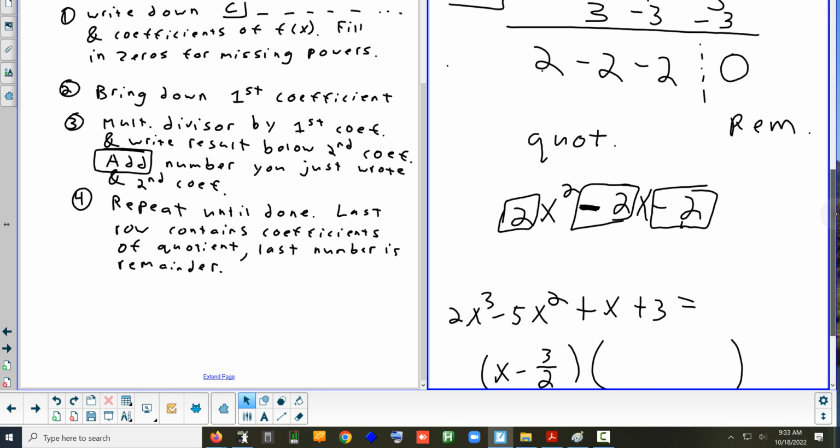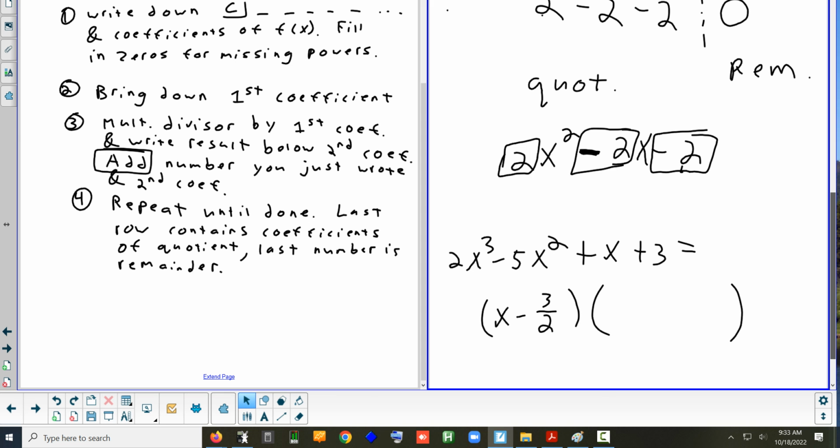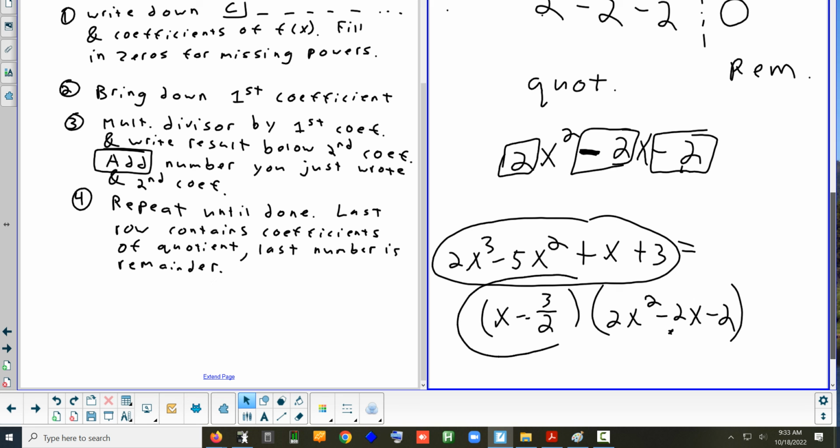So the other factor is 2x squared minus 2x minus 2. Just like if I said to you 3 is a factor of 12. How would you figure out the other factor? Take 12, divide by 3, and you would get 4. Take this, divide by this, and you get that. That's the other factor.